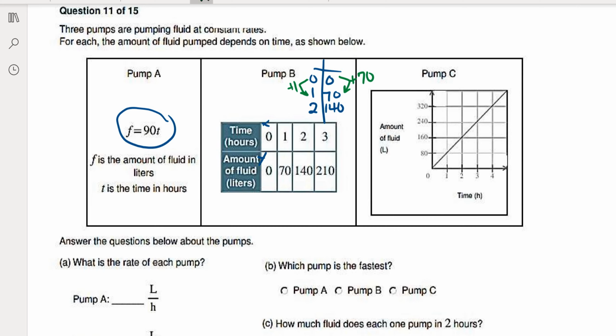So this pump is moving at a rate of 70 over 1, or 70 liters per hour. Pump C, in 1 hour, it's pumping 80. So this is 80 per hour.